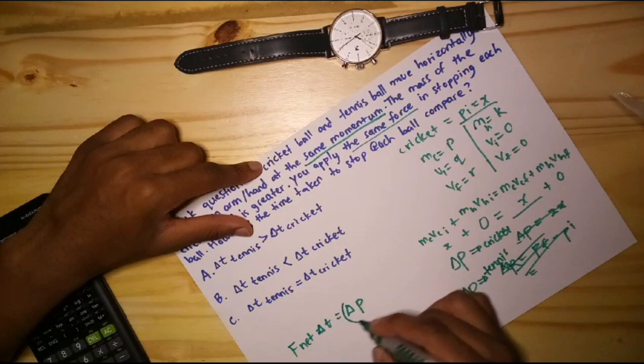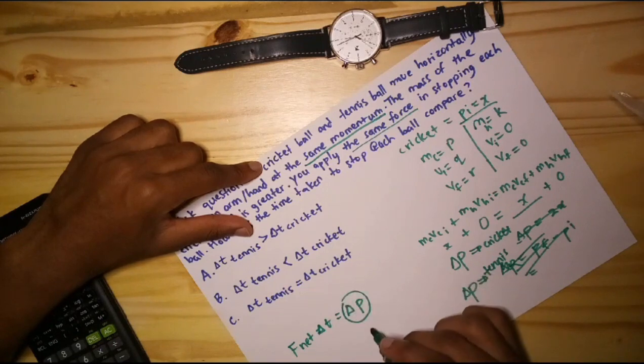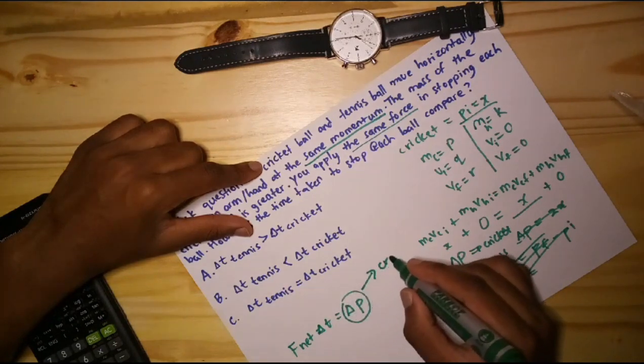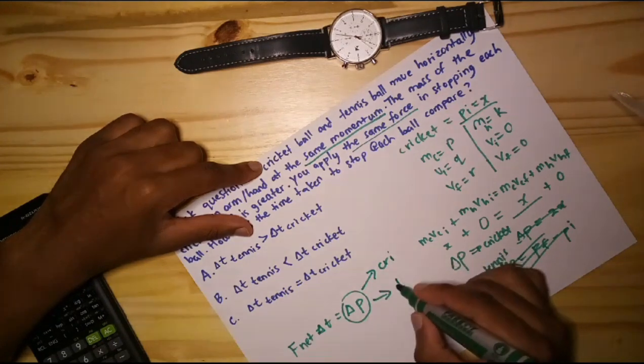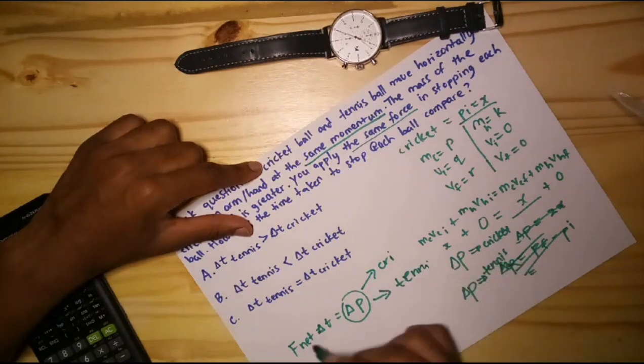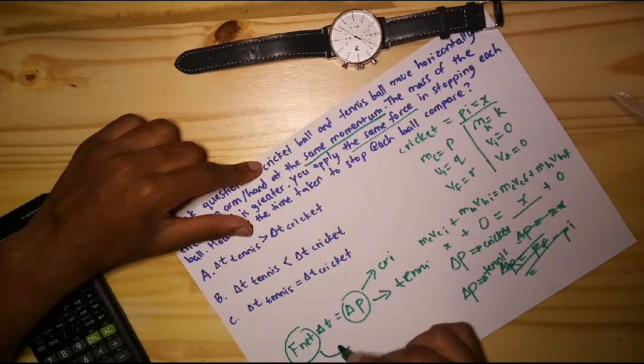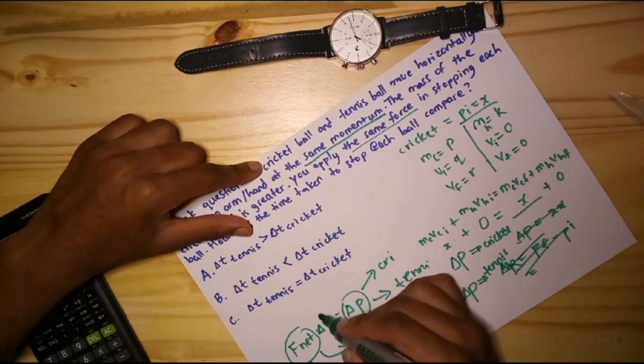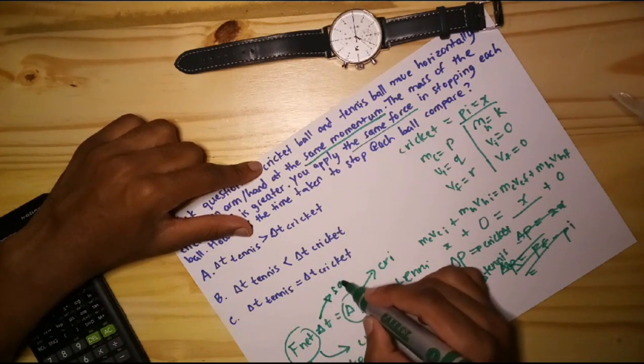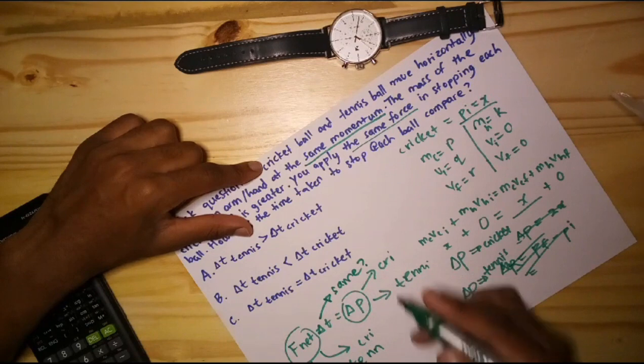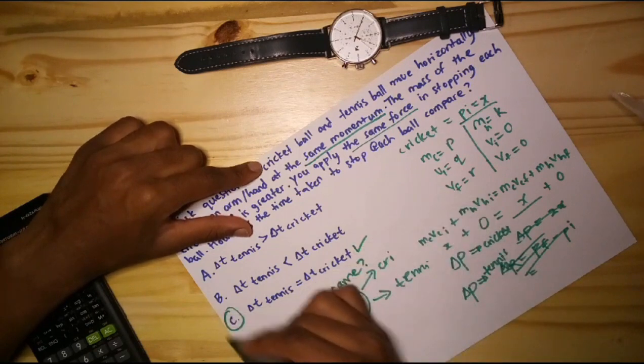So if this is the same for cricket ball and tennis ball, and this is the same for cricket ball and tennis ball, wouldn't that also mean that this is also the same? There we go. Henceforth, your answer is C.